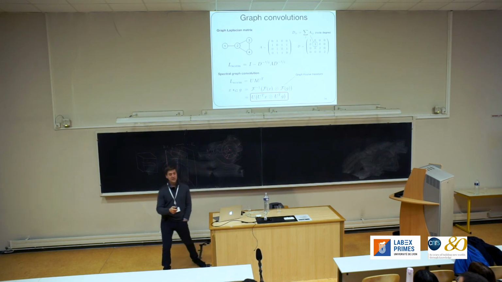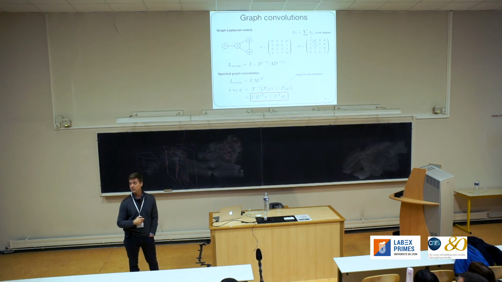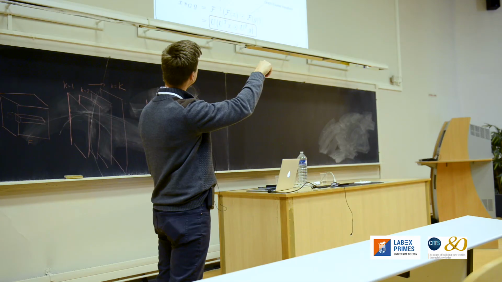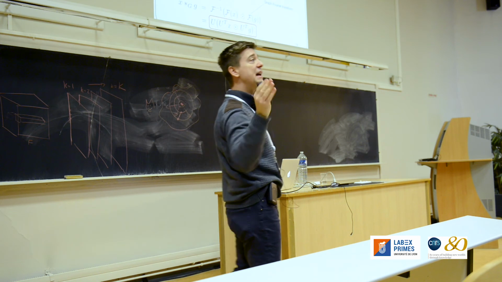If you take the eigendecomposition of this Laplacian matrix, you can write what we call a spectral graph convolution as this. U is the eigenvectors of your matrix, and X would be the features computed at every node of your graph.